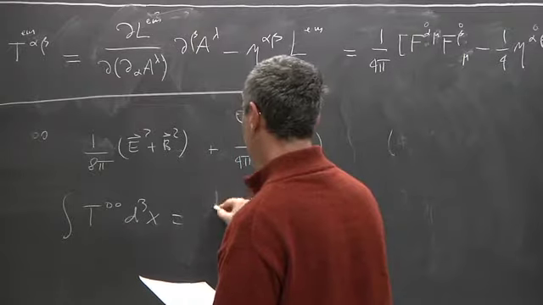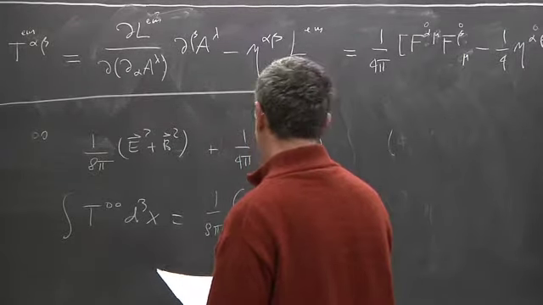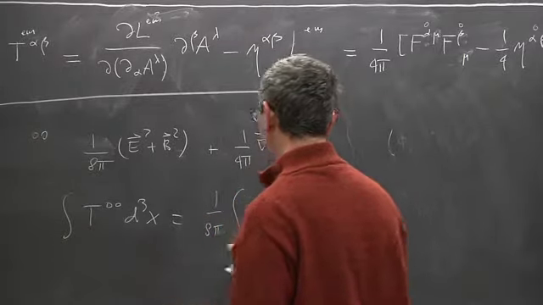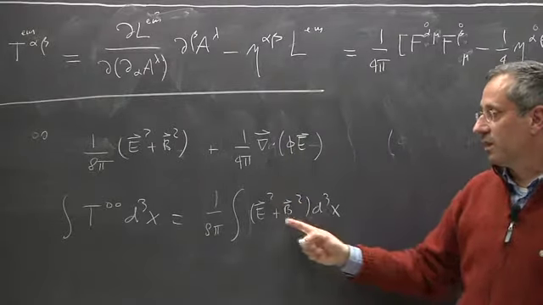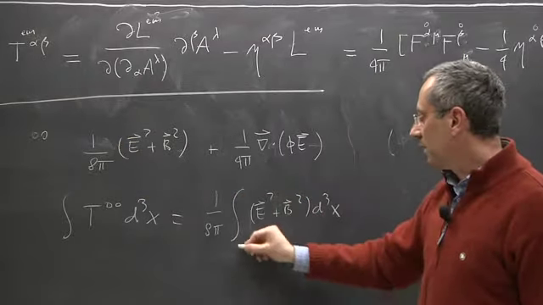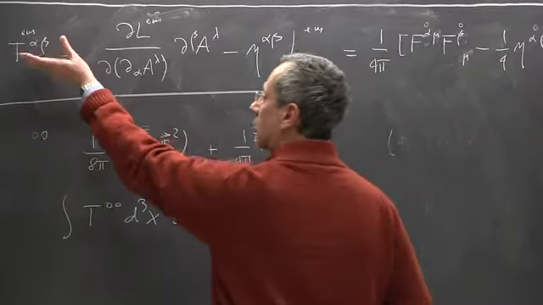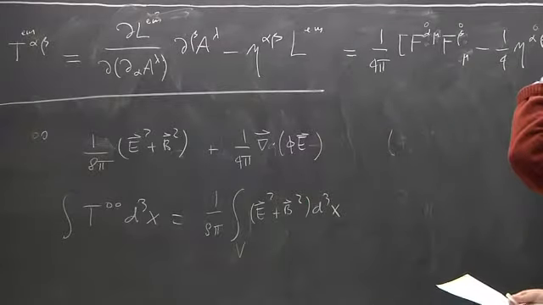Here you have just 1 over 8 pi times the integral over the volume of this, which you should recognize as the energy, because this is the energy density. If I integrate over a certain volume, I get the energy of the field. So the time component of this object is what we call the energy of the field.